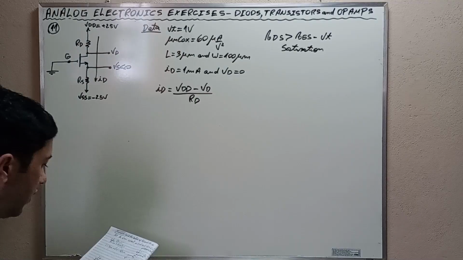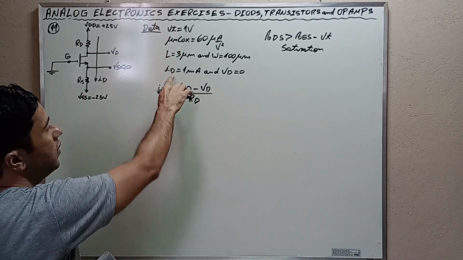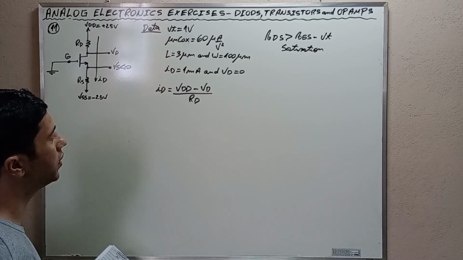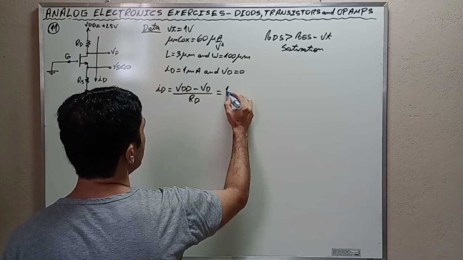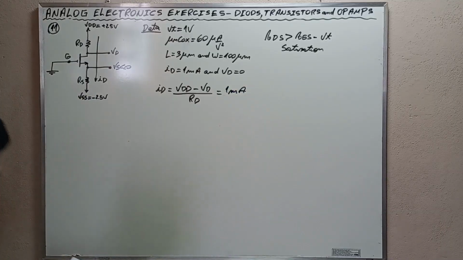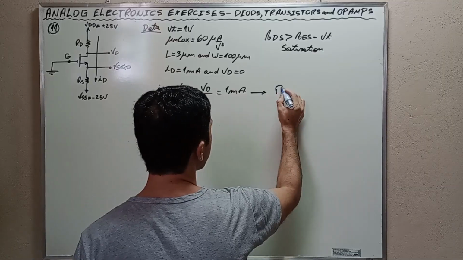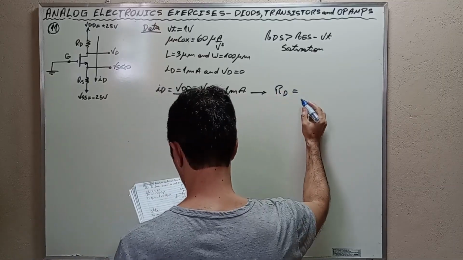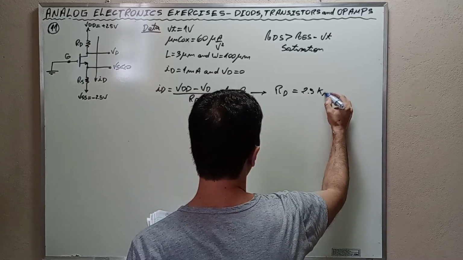The exercise imposed that ID is equal to 1 milliamp. Then we carry out this manipulation to find that RD is equal to 2.5 kilo ohms.